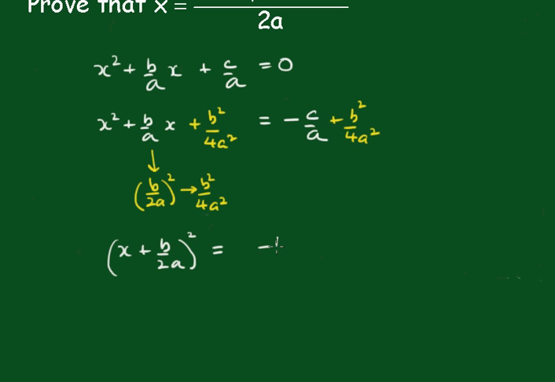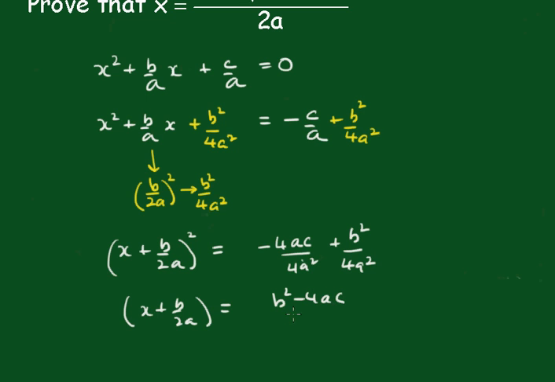So that's minus 4ac over 4a squared plus b squared over 4a squared. So now it becomes b squared minus 4ac all over 4a squared.